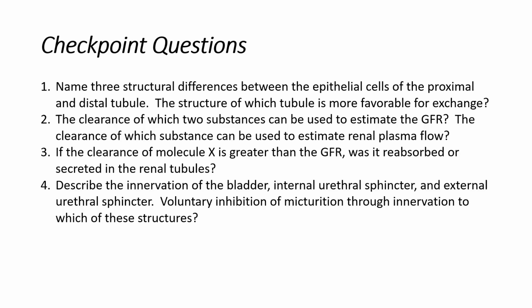All right, number 2: the clearance of which 2 substances can be used to estimate GFR? So which 2 substances did we mention that their clearance rate was a good indicator or estimator of GFR? Does anyone remember these 2 substances?